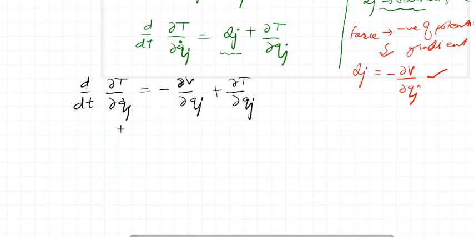But if I replace T with T minus V in this part, why?